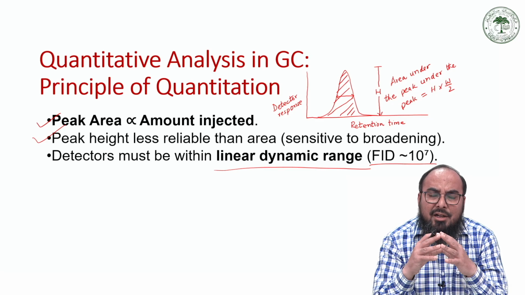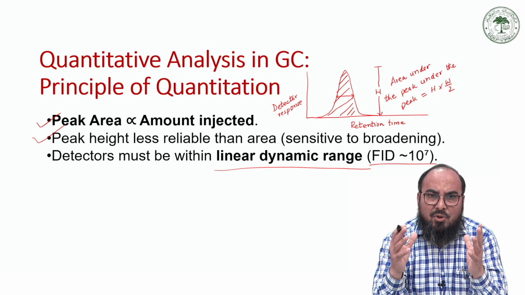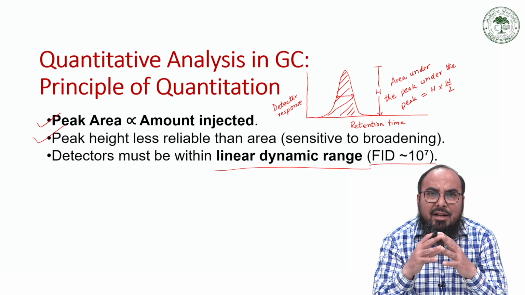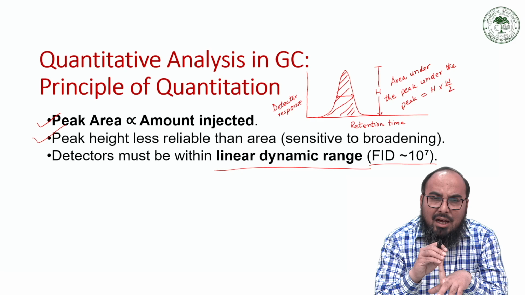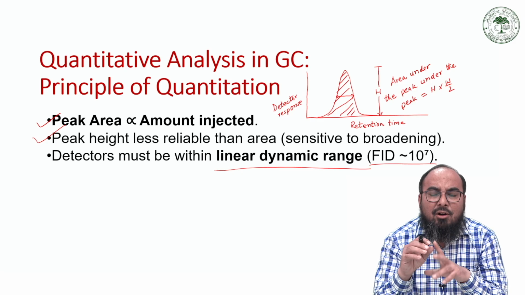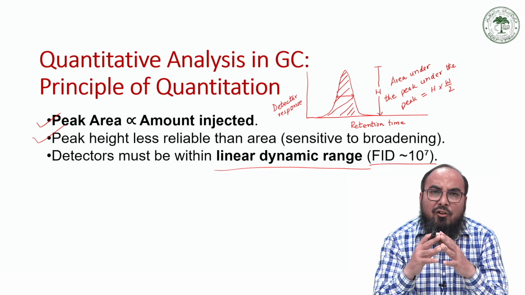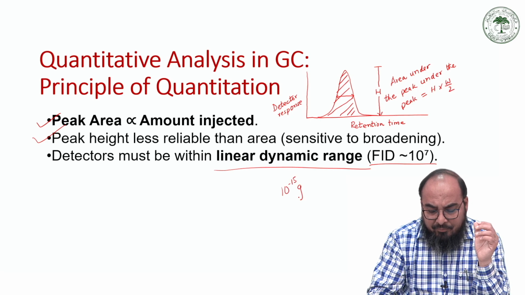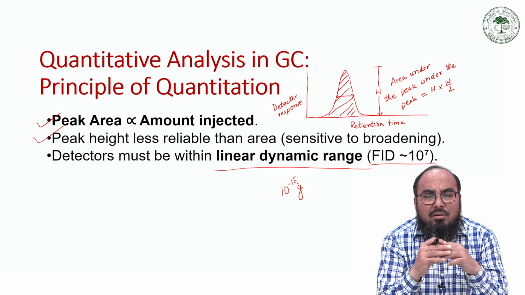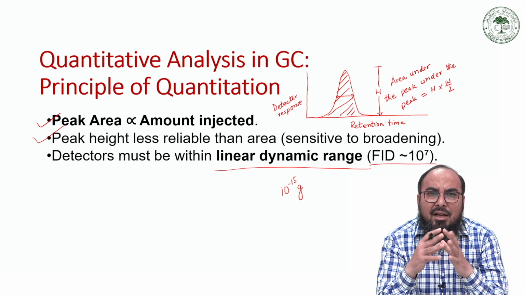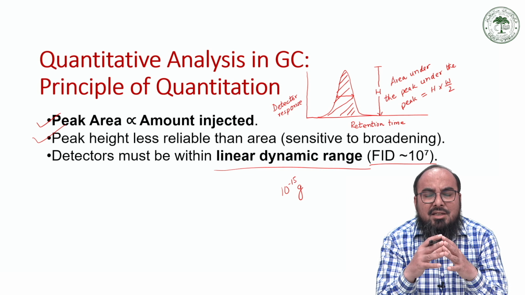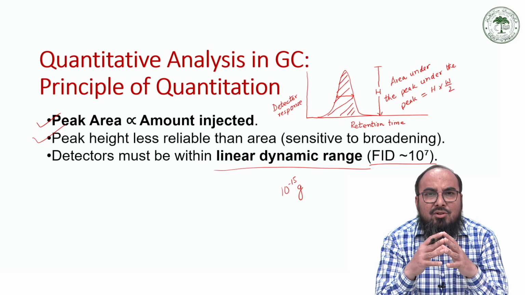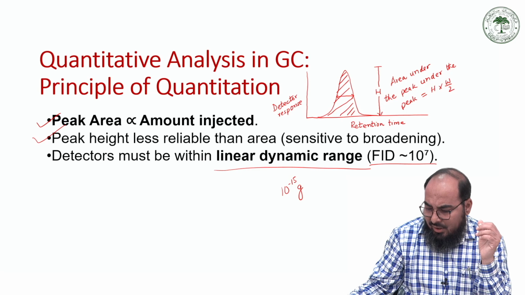So for an ideal detector, this range must be as big as possible, and in this case FID is the best suited detector with regard to linear dynamic range and also sensitivity of measurement. We have seen that the sensitivity is somewhere around 10 to the power minus 15 gram. So FID is very good in this sense, but there is a disadvantage of FID, that it does not work very well for inorganic compounds.